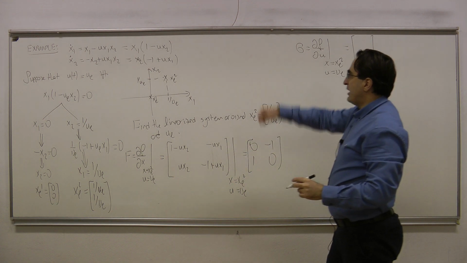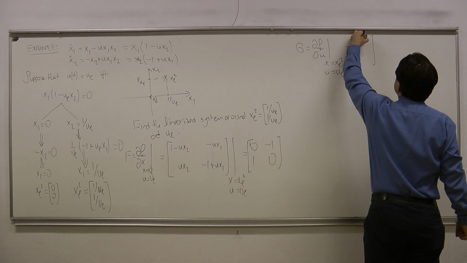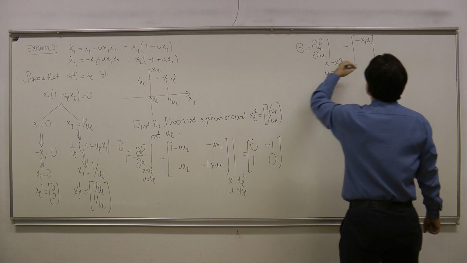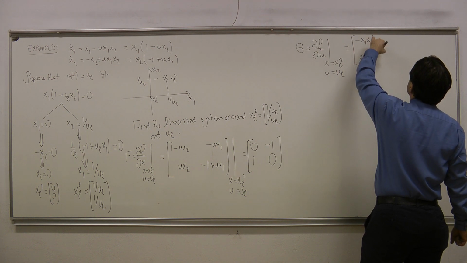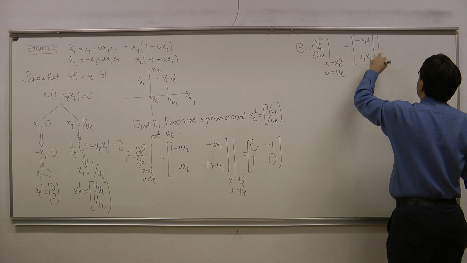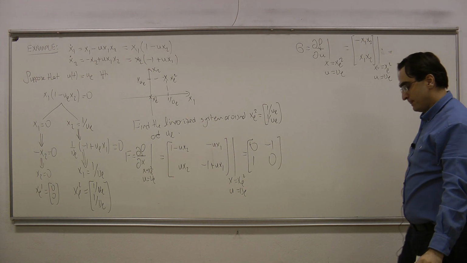The derivative of F1 with respect to U is minus x1 x2. The derivative of F2 with respect to U is x1 x2. Then I need to evaluate this at x equals to xe2 and U equal to UE. Okay?